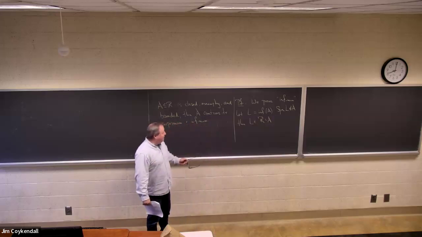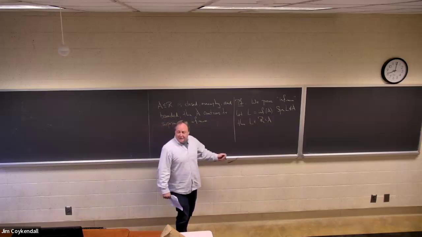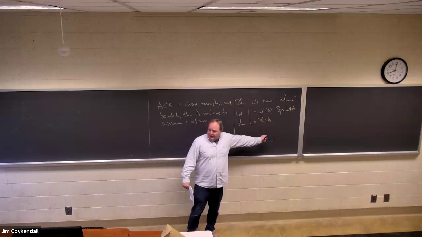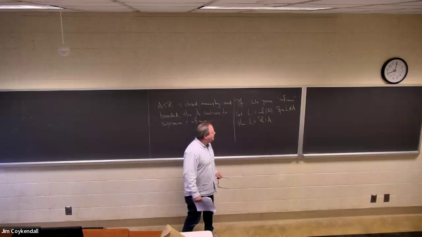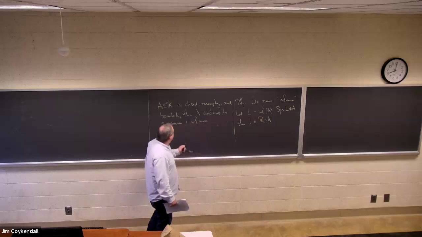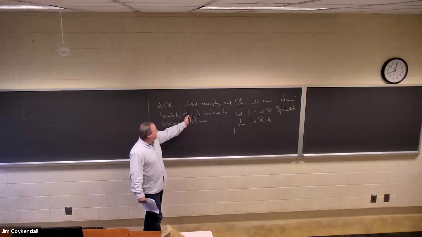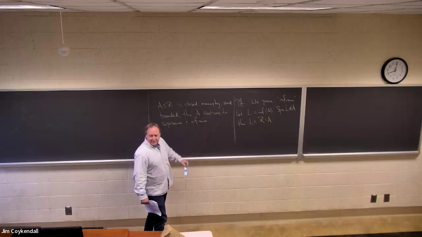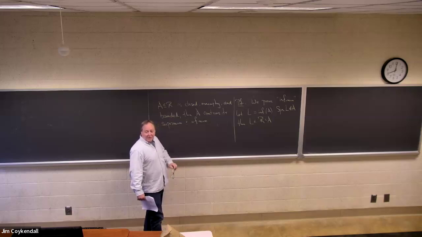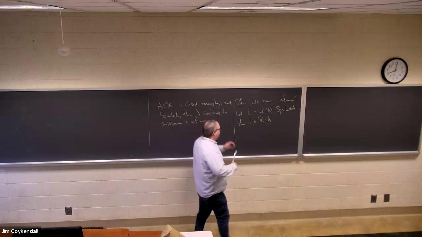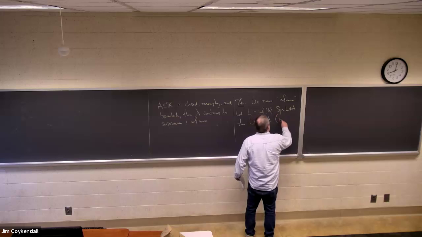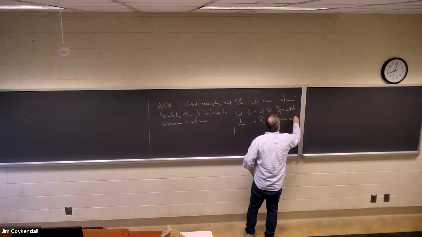Now, if L is not in A, then it's in the reals, not in A, right? And what do we know about A? A is closed, so R minus A is open, since the complement of a closed set is open.